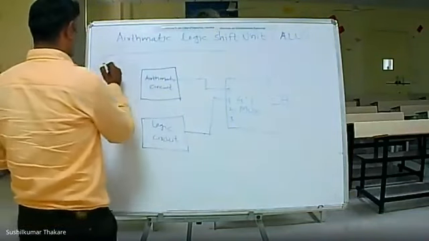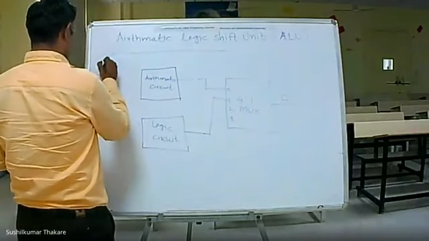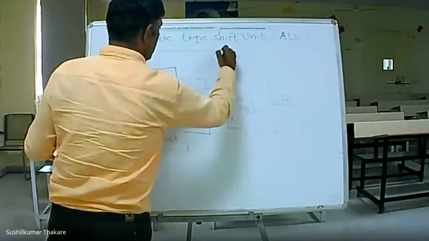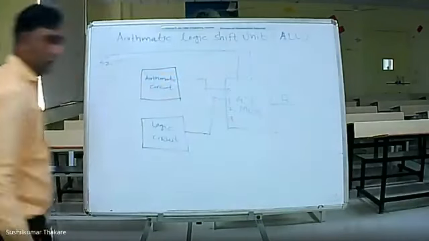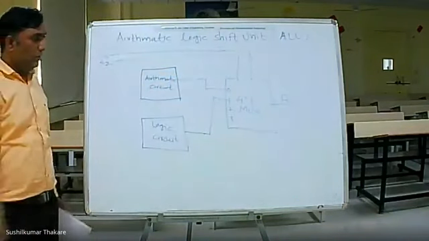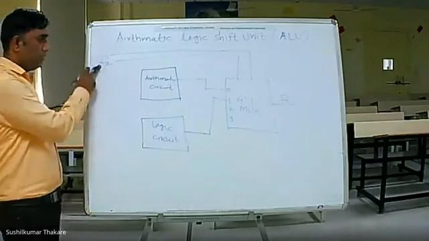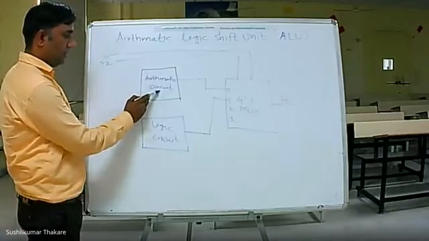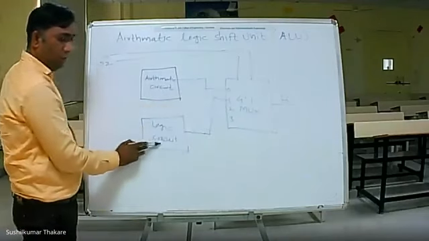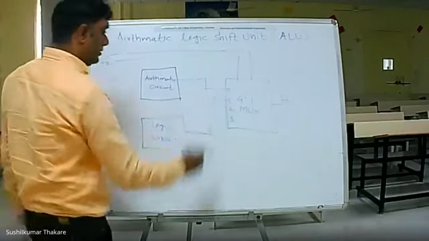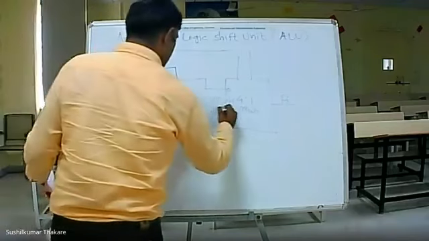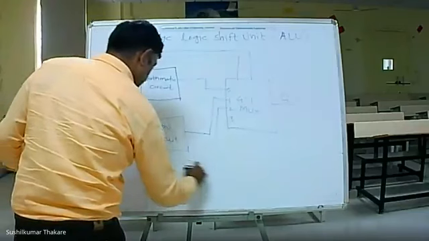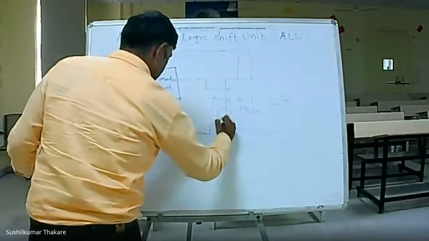Select lines S3 and S2 are connected to this 4:1 mux. You know that a 4:1 mux has two select lines, S3, S2, and four inputs. So one input is coming from the arithmetic circuit, one input from the logic circuit, and inputs 2 and 3 are coming from the shift register.